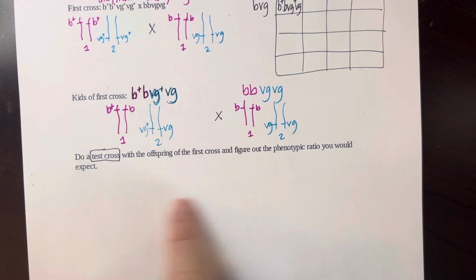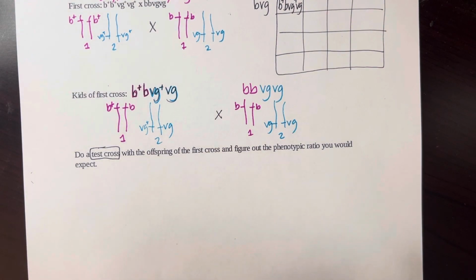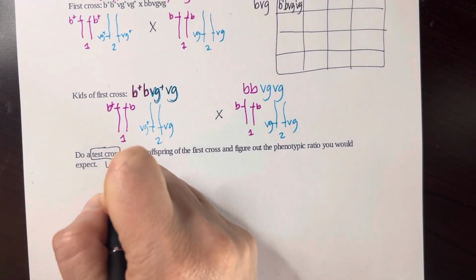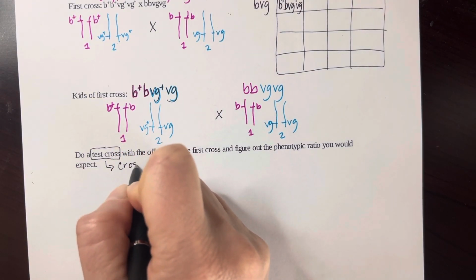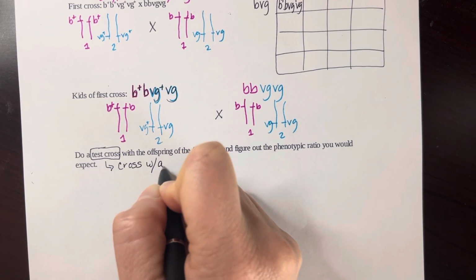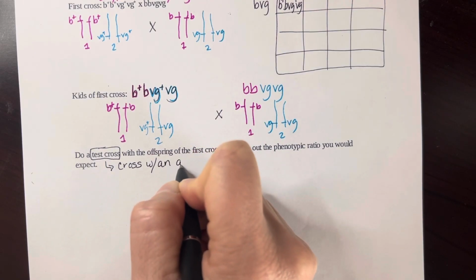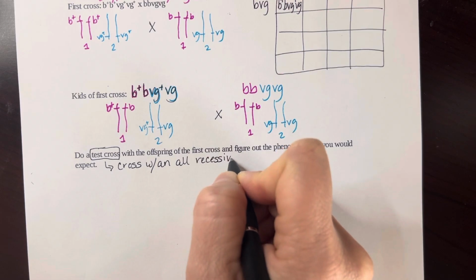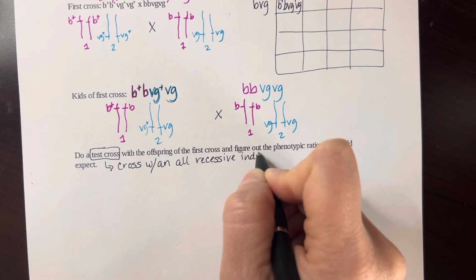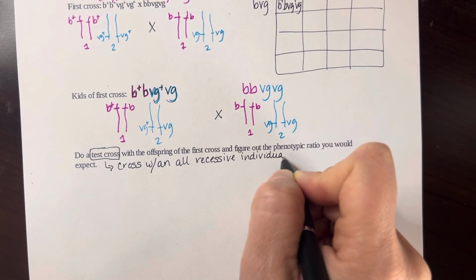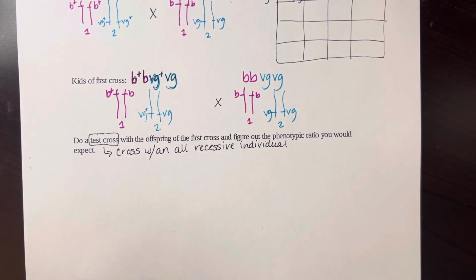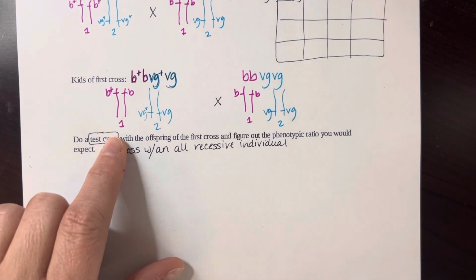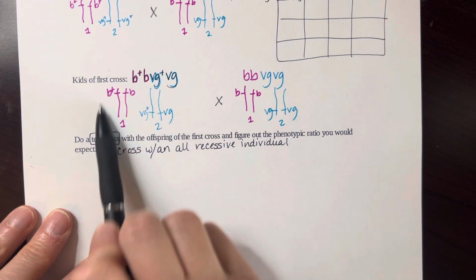So now let's do the Punnett square. And we could write that here if you don't remember when you're looking at this later. This means cross with an all recessive individual. So what are our boxes going to look like? Let's look at parent number 1.